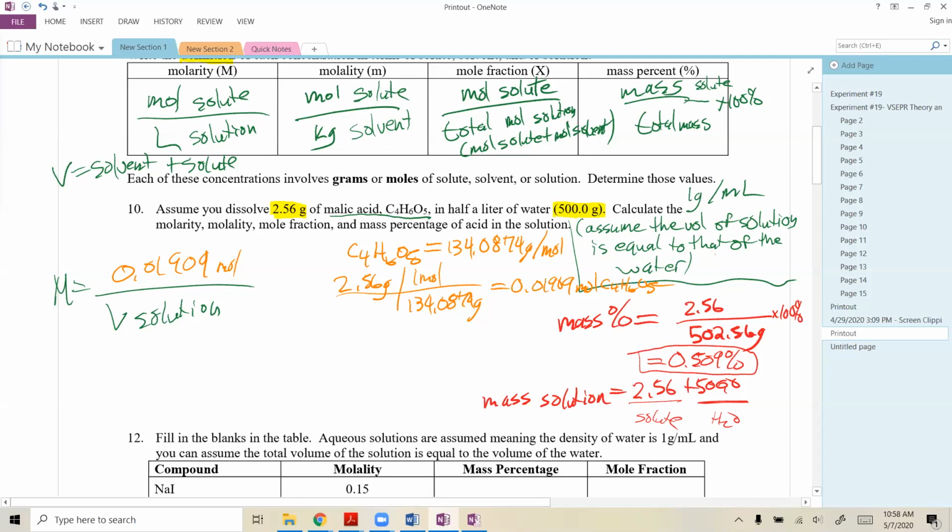I gave you that assumption that we could assume that the volume of the solution was equal to that of the water. So that means that we can plug into here a half liter of water. And so that should be 0.500 liters. And we can use that to get into our molarity.